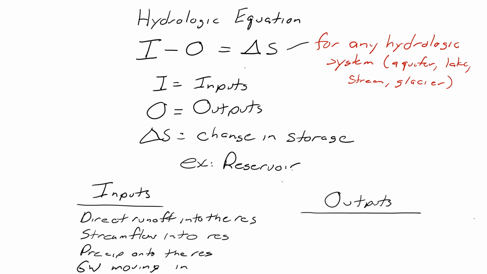What about outputs? How might the reservoir lose water? Downstream. Okay, outflow, what they let loose downstream. We'll just call that outflow. Stream flow.